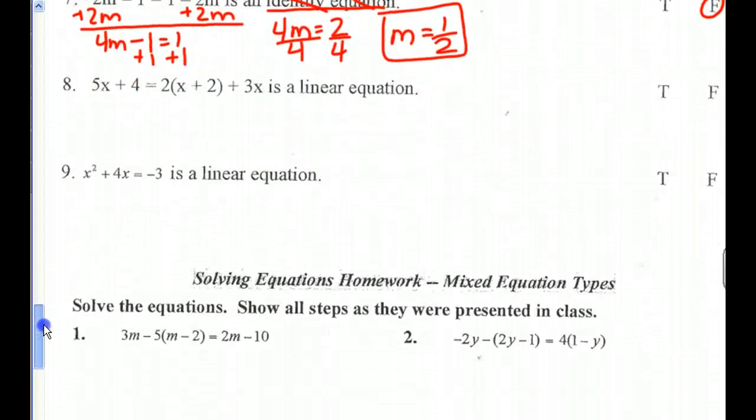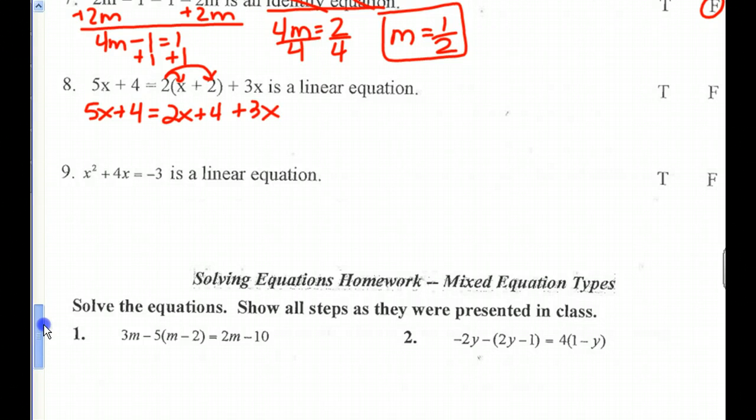Number 8. 5x plus 4 equals 2x plus 2. Well, let's solve it. Is that a linear equation? Let's see. 2x plus 2, we have to distribute that. So 5x plus 4 equals 2x plus 4 plus 3x.